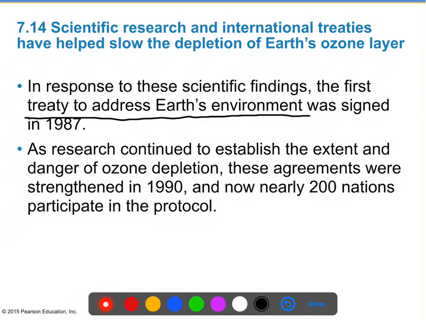And in response to that, a treaty addressing the Earth's environment was signed in 87. And over time, other nations came on board and followed protocols to reduce the CFCs that were used in a variety of refrigerants and aerosolized products. As a result, the ozone is coming back. So this is a win story, right?